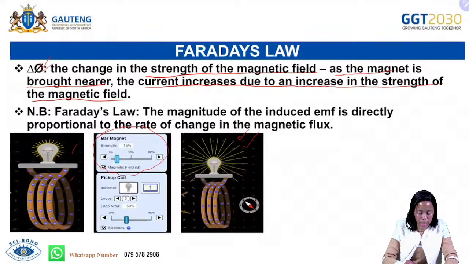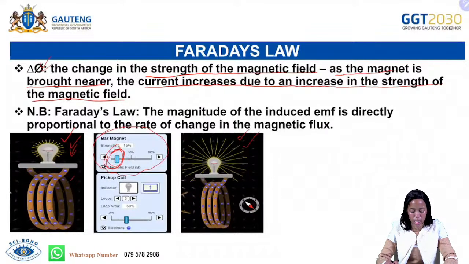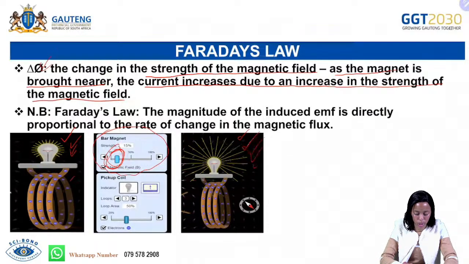If the strength is at this bar here, in between 0 and 50%, you will observe that the light is not as bright as the light observed on the right-hand side. On the right-hand side, if you increase the strength of the magnet, the light will become brighter.